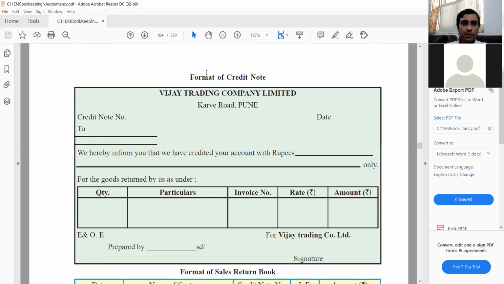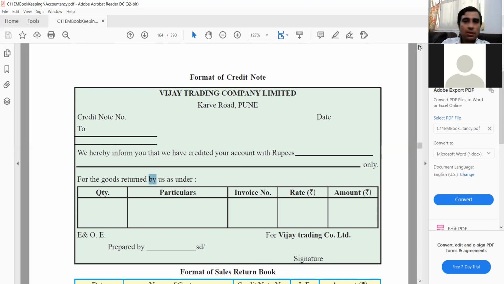So this is the format. We hereby inform you that we have credited your account with rupees so and so for the goods returned to us as under. If you have your textbook, please, over here, instead of "by us", you need to use the words "to us".